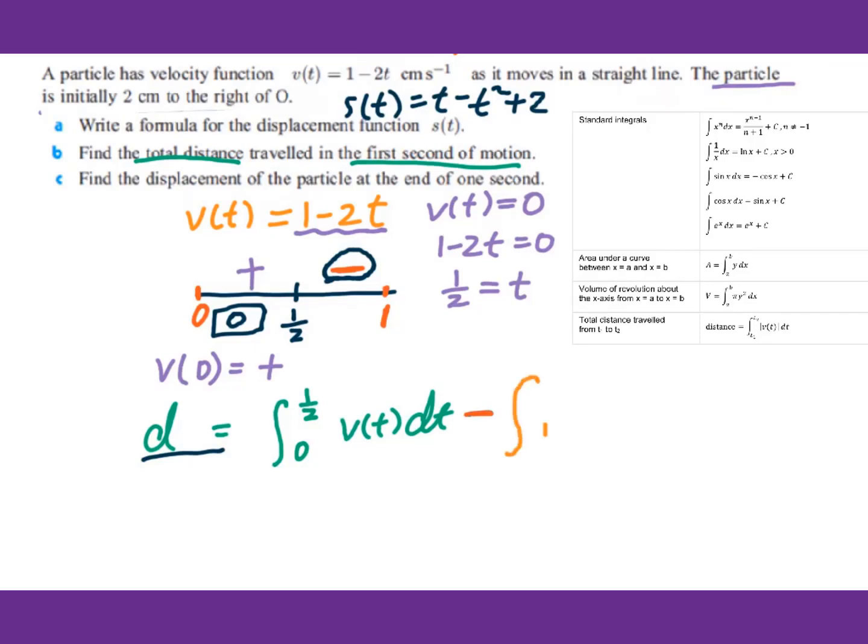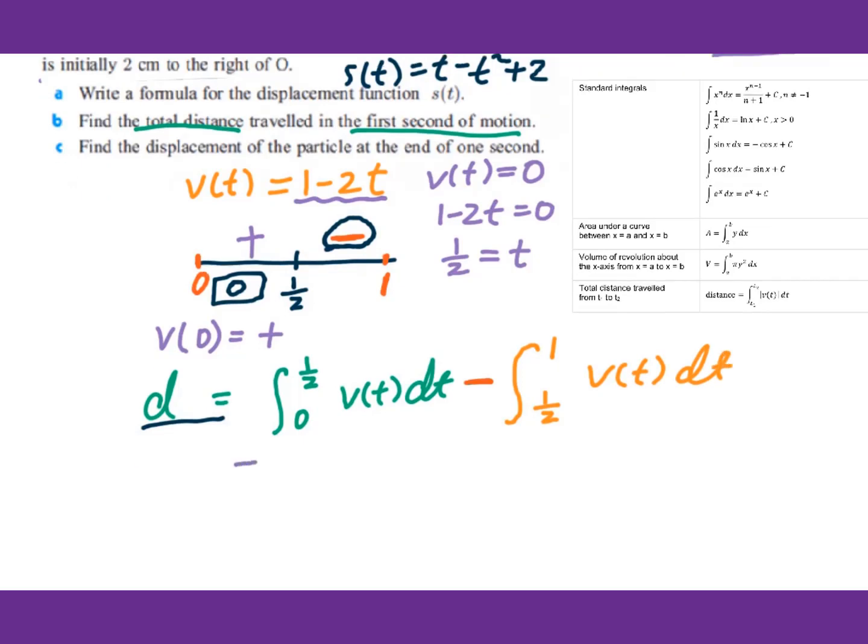Then we do from 1/2 to 1 of the velocity function dt. You will get t minus t squared. Using this, you don't have to add the constant for a definite integral.